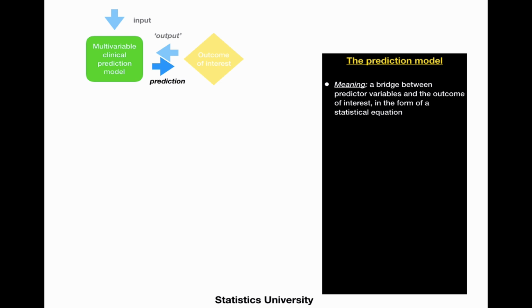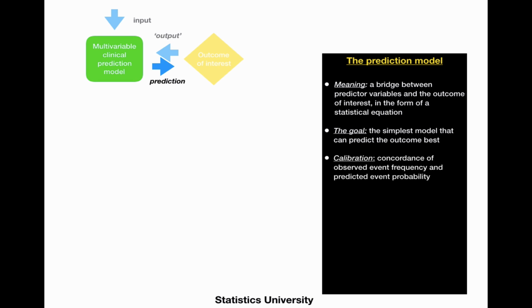Now, on the prediction side of the process, there are several things to mention. Let's start with some definitions. A prediction model is a bridge between predictor variables and the outcome of interest in the form of a statistical equation, with the goal being here to obtain the simplest model that can predict the outcome best. Calibration is the concordance of observed event frequency and predicted event probability.